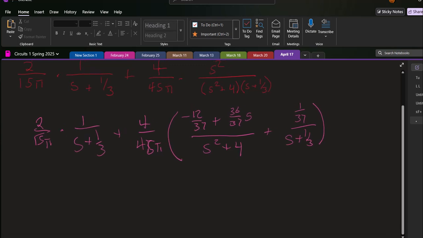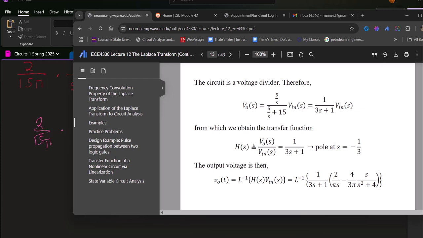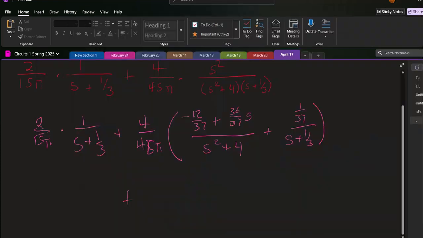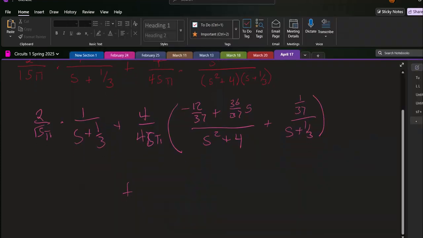If you look at the s squared plus 4 term and go to your Laplace transform tables, find the ones that have s squared plus omega squared in the denominator.